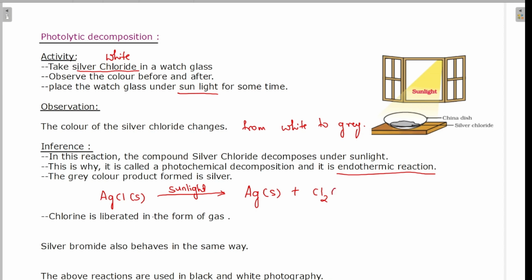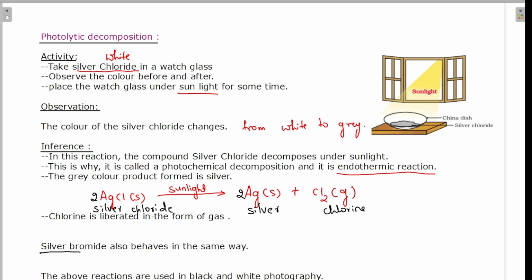The chlorine is liberated in the form of gas here. You have to mention the reactants and products: this is silver chloride, this is silver, this is chlorine. Balance the equation. Then the chlorine is liberated in the form of gas.